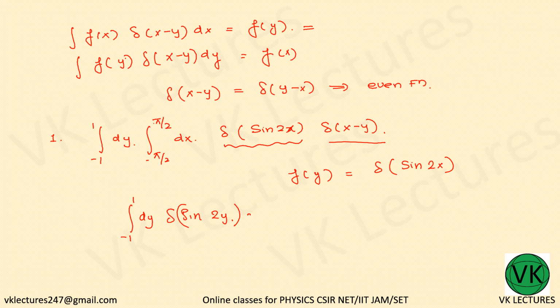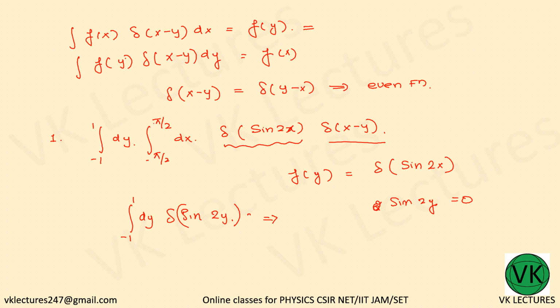Yeah, dy we need not write. So this becomes delta of sine 2y dy, right? So we need sine 2y equal to 0. We need to find the solutions of the function.